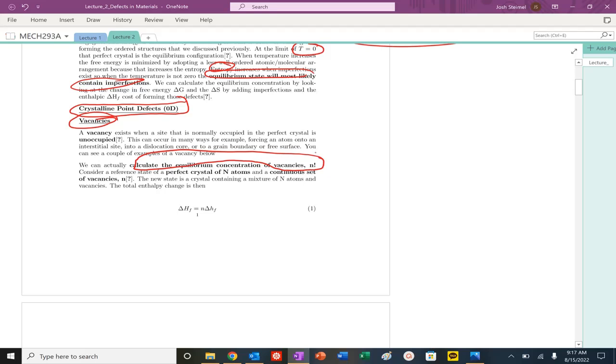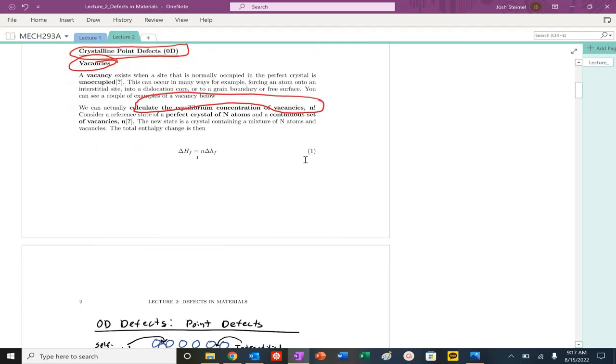We'll go through a little proof right here. If I have a perfect crystal composed of N atoms and some amount of vacancies, little n, what is my equilibrium concentration of vacancies as a function of temperature? Well, my total enthalpy change will be my number of vacancies times the energy I have to input in order to create a vacancy, because it takes energy.